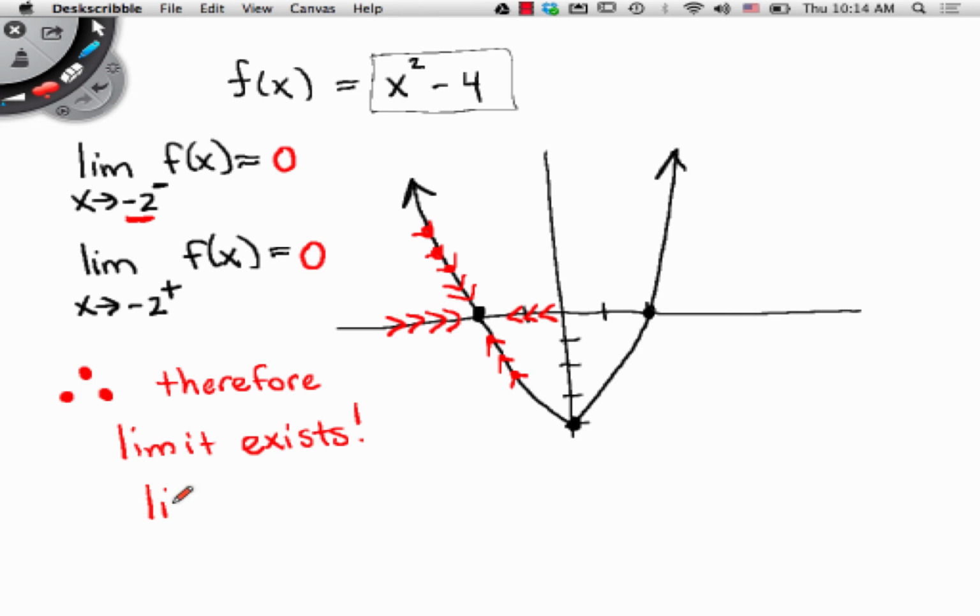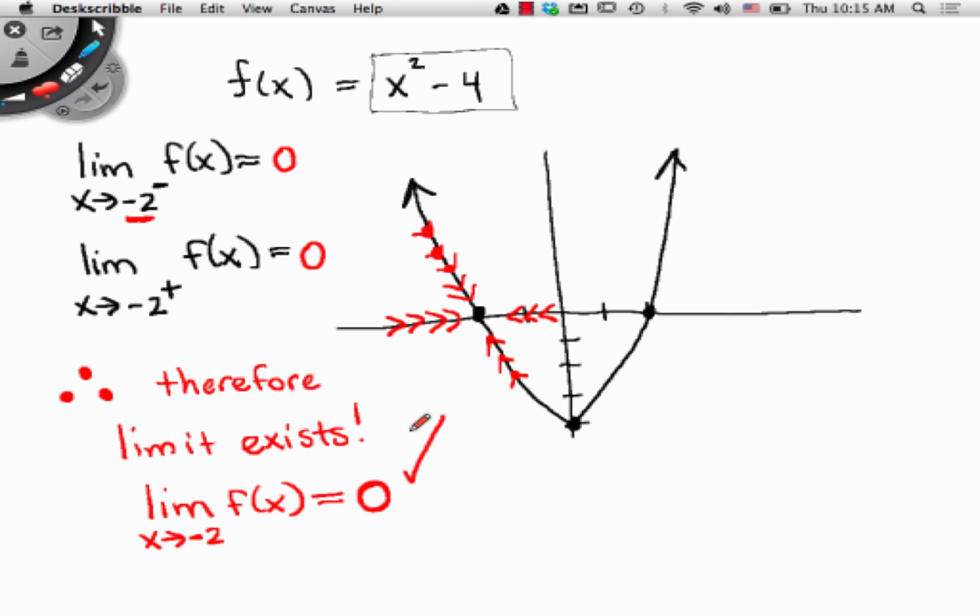So what I do is I say the limit as x goes to -2 of the function is what? 0. Yes? Would you have to do it as x approaches 2?